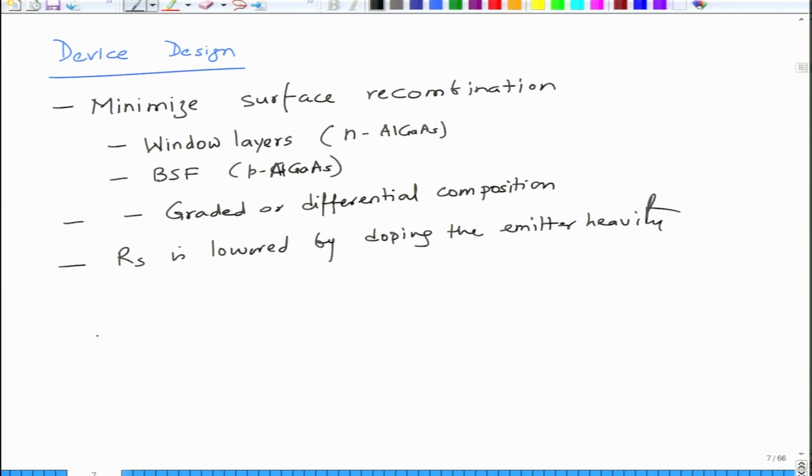So these are certain considerations which are used for gallium arsenide solar cells.